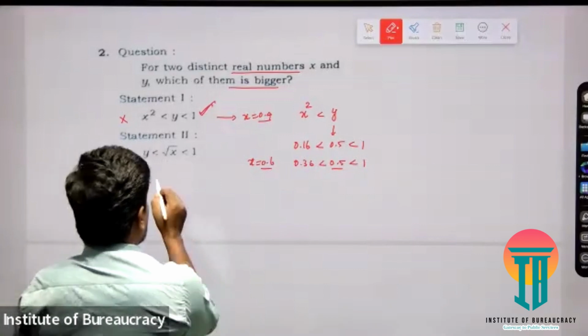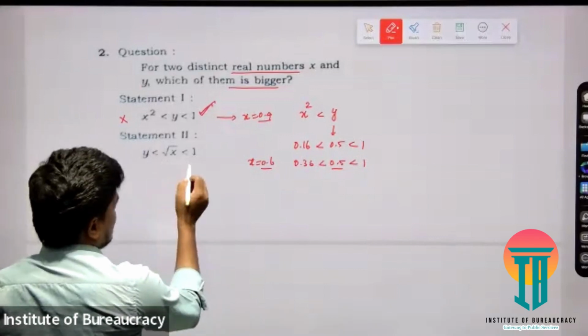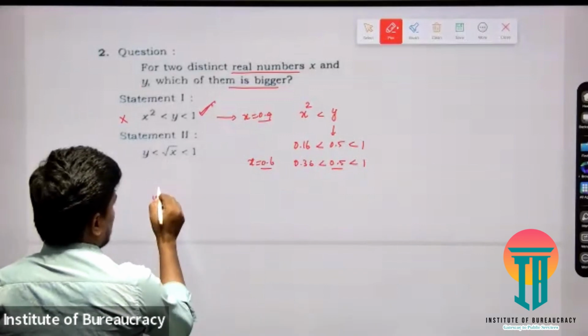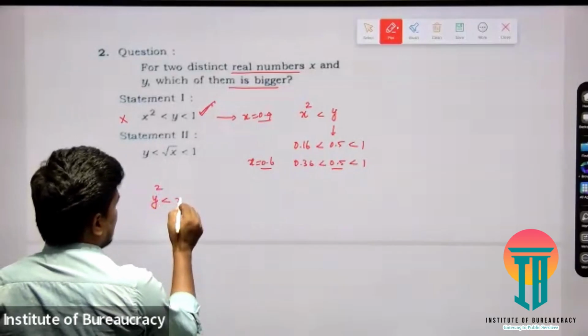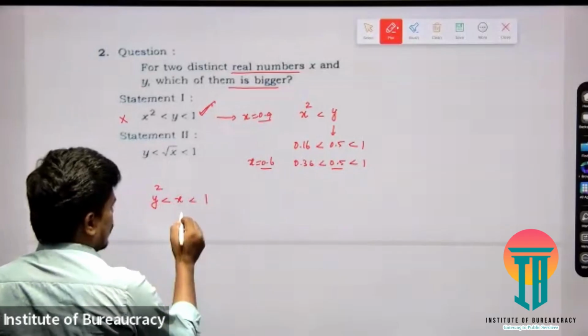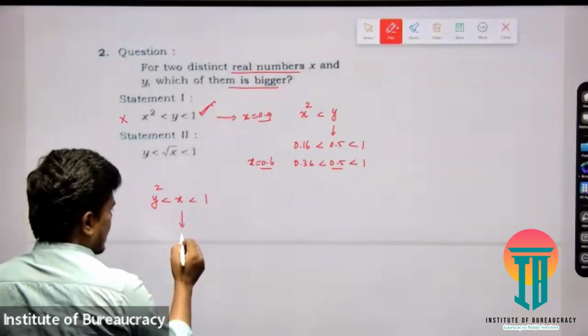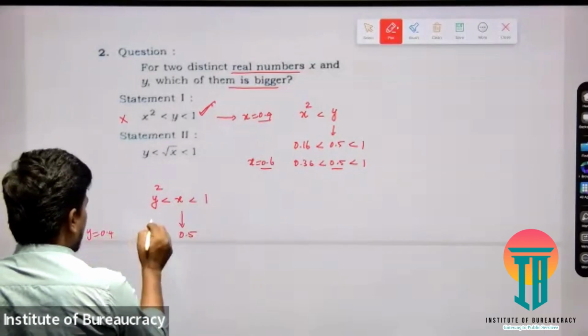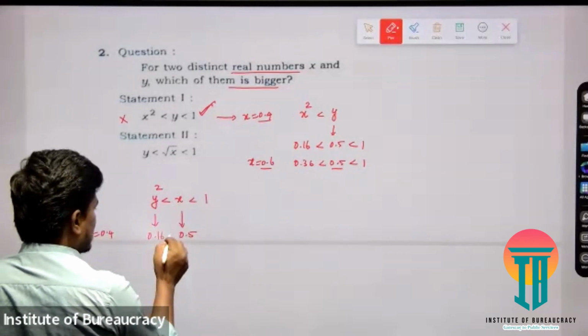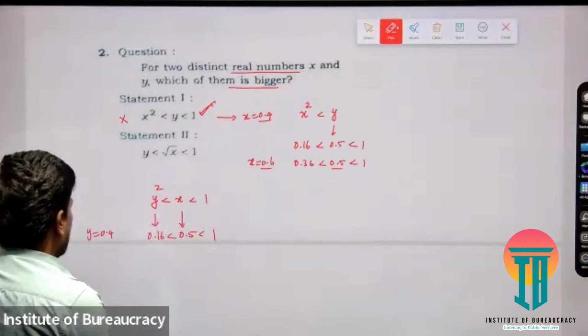Same thing happens here. y less than root x less than 1 means, I just square on all sides. Therefore, y square less than x less than 1. Same story when x is 0.5 and y value I take as 0.4, therefore y square is 0.16, this is less than 1.